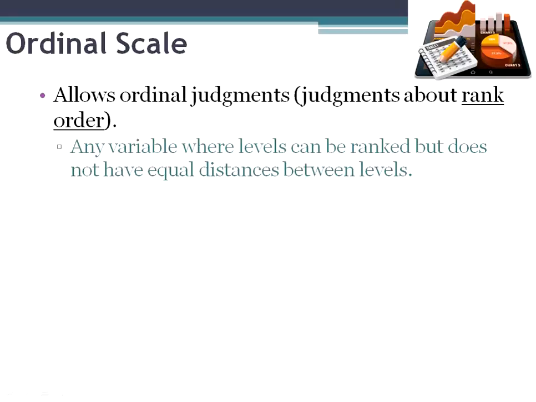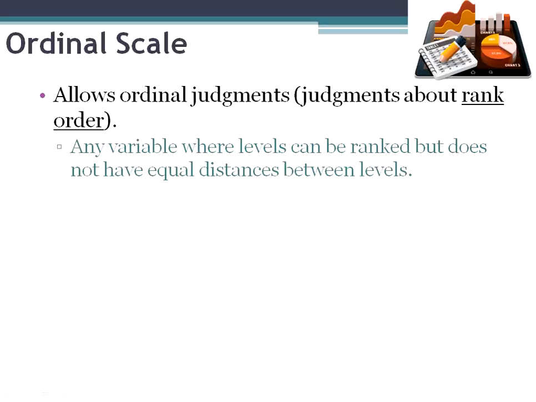Now, an ordinal scale is similar to nominal, so we've got categories, and we're associating numeric values to these categories, but for an ordinal scale, these numeric values actually have some meaning. So you can think about this as being a rank order. If you think about the categories of times of day, you might have morning, afternoon, and night. Those are categories, and you could associate numbers to them.